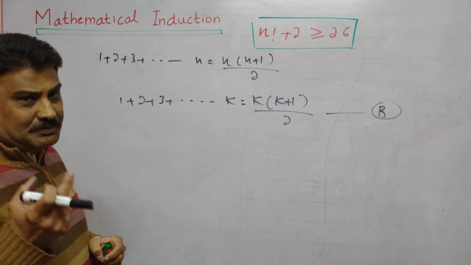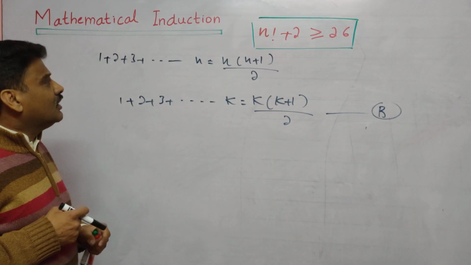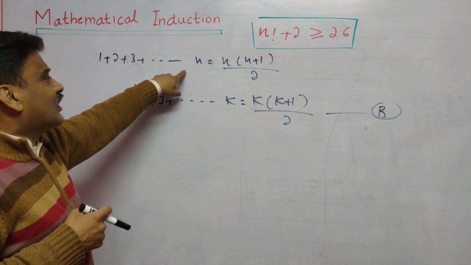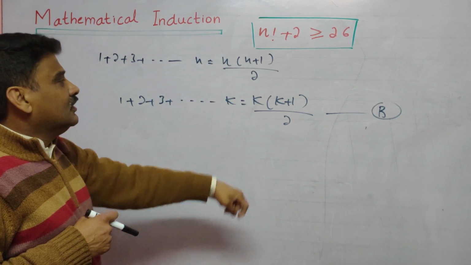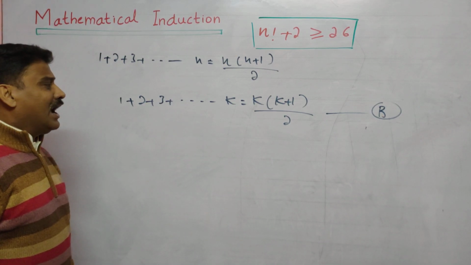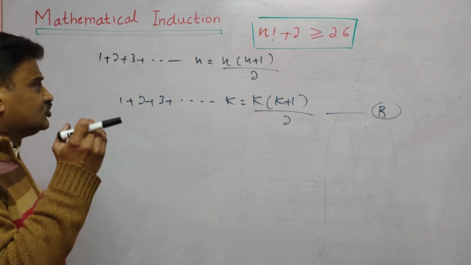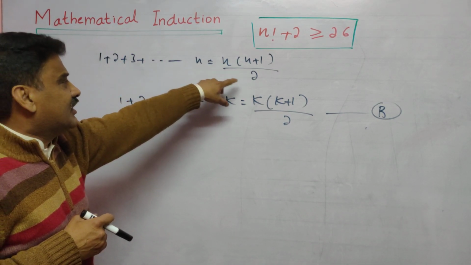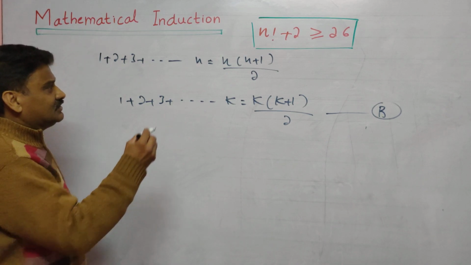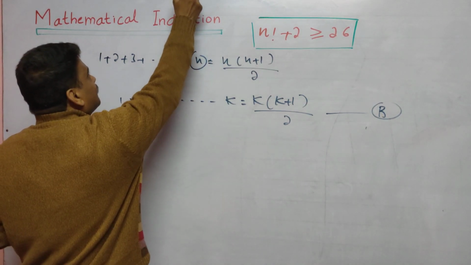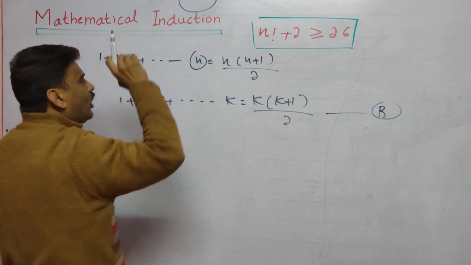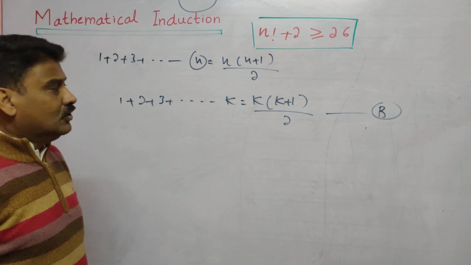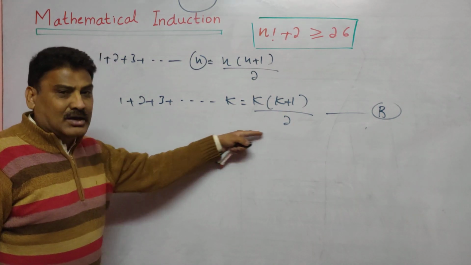We should add an expression which can be obtained by replacing n by k plus 1 in the left side of the given statement. In each question, you have to add the expression obtained by replacing n by k plus 1 in the left side of the given statement. When we replace n by k plus 1, we will get k plus 1. We should now add k plus 1 to the given statement B to prove that it is true for n equal to k plus 1.